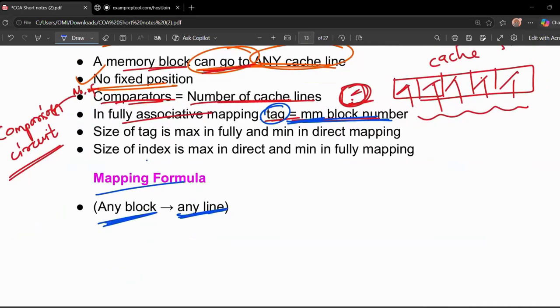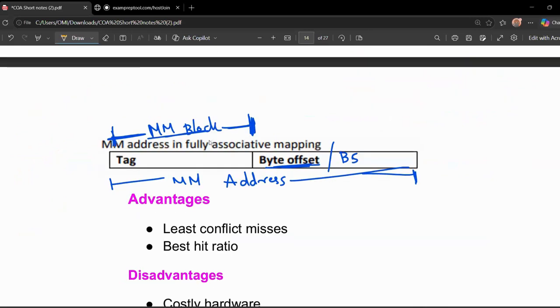Now, what is the size of the tag? The size of the tag is maximum in fully associative and minimum in direct mapping. Maximum in fully, because there is no middle thing, and you don't have to divide this main memory block into two parts, as we have seen in direct mapping and set associative, where we divided the block into index and tag.